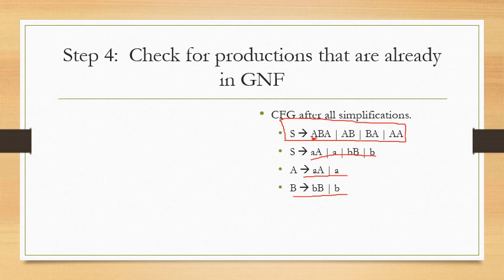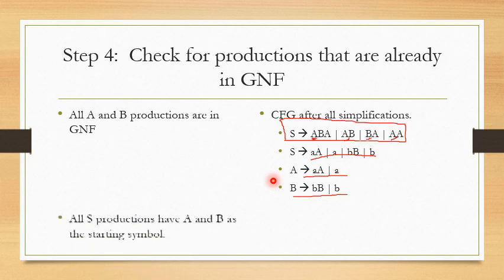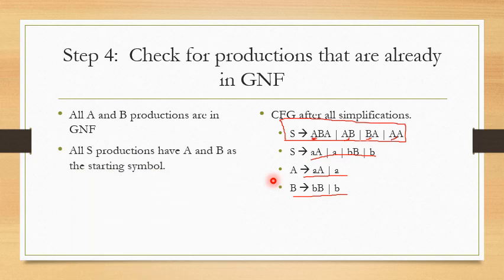Since A is already in GNF, and B is already in GNF, we only have to do substitutions. With only substitutions we can achieve the GNF format, as far as this example is concerned. All the A and B productions are in GNF, and all S productions have A and B as the starting symbol.